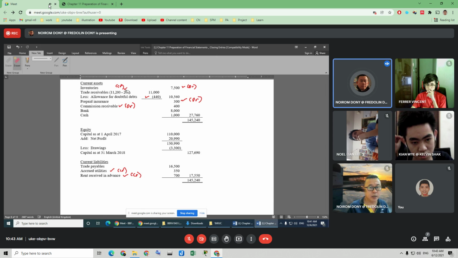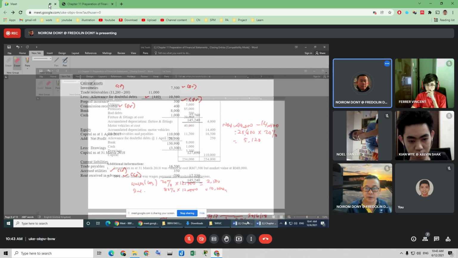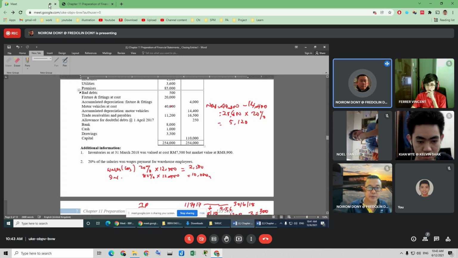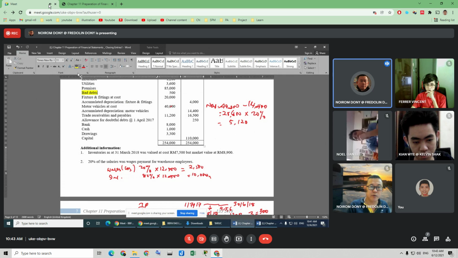We don't show it in the SOFP because what you have in the trial balance, this bad debts, already completed double entry. What does it mean, completed double entry? We already debited bad debts and credited trade receivable. So trade receivable here is already minus this 500 and becomes 11,200, so we don't have to show it anymore.